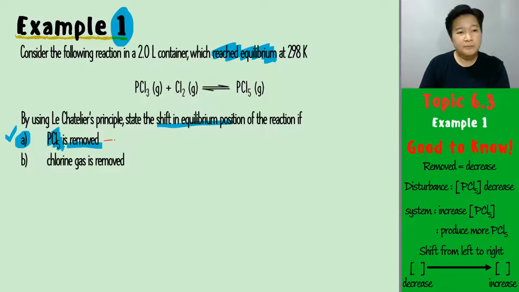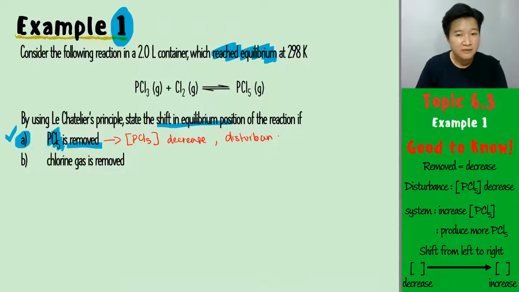So what is meant by PCl5 removed? PCl5 removed means the concentration of your PCl5 decreases. That is what we mean by the word removed. And bear that in mind, this is the disturbance that you put into your system that is already at equilibrium. So your PCl5 decrease is a disturbance over here.